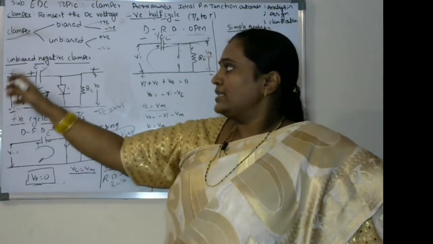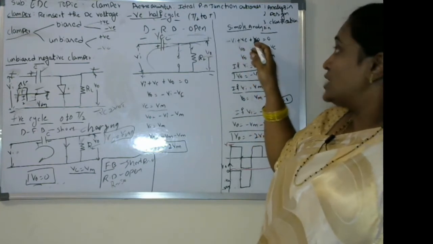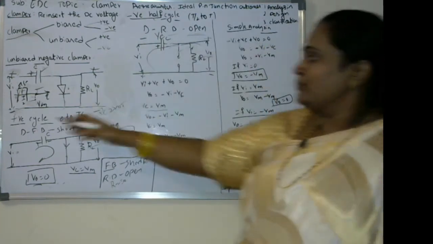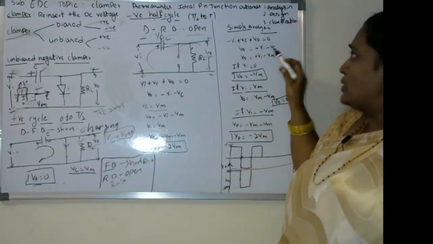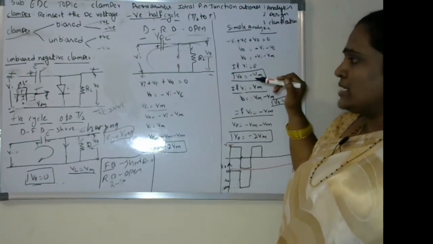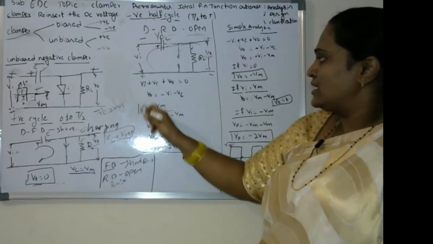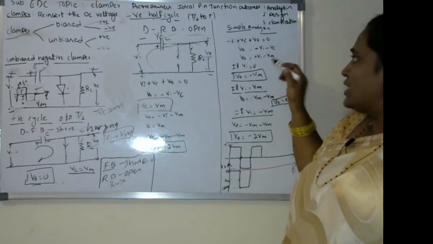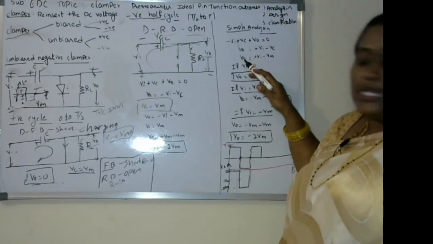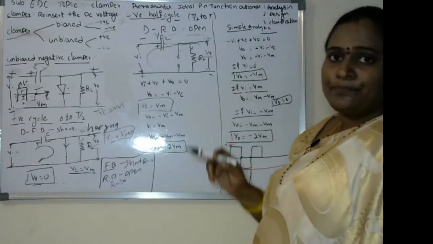So if I apply the KVL, it goes minus Vi plus Vc plus V0 equals 0. So V0 equals Vi minus Vc. We already know that Vc equals Vm. So substituting Vc equals Vm, V0 equals Vi minus Vm.